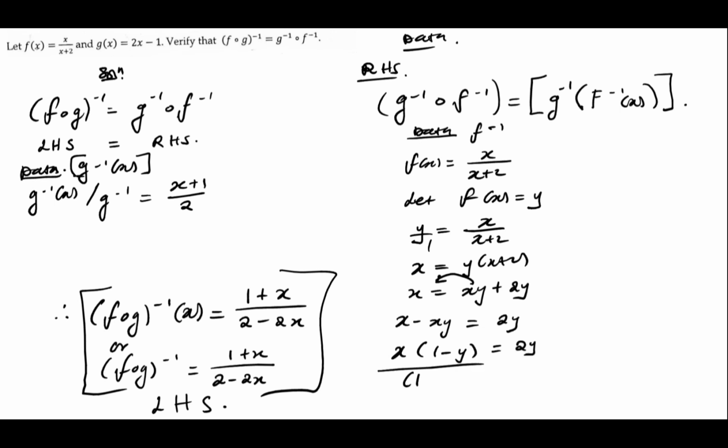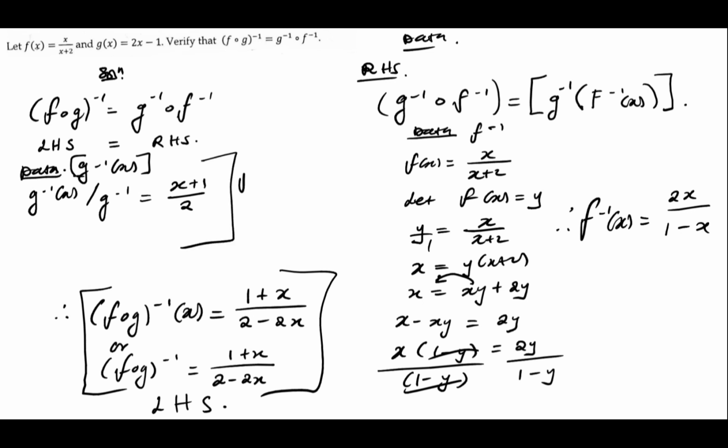Dividing both sides by 1 minus y, that cancels out. In turn, I'll end up having my f inverse of x function equivalent to 2x over 1 minus x. So this basically means that f inverse of x function is equal to 2x over 1 minus x.